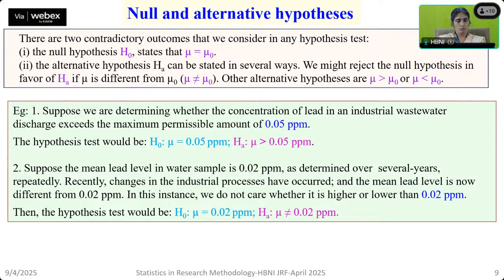The second one is an example where you apply the two-tailed test. For example, when somebody is randomly measuring the lead level in the water over a period of several years, and they report a value of 0.02 ppm.